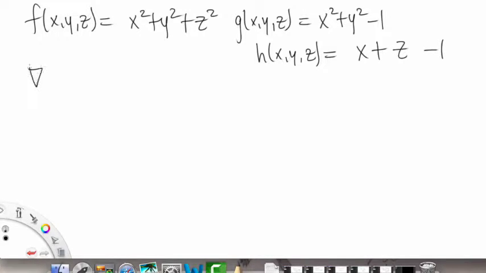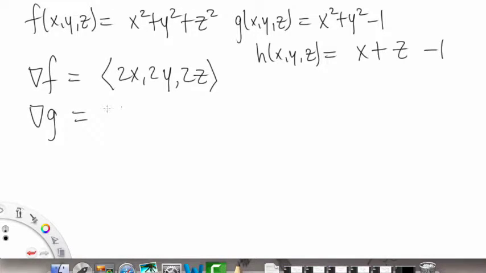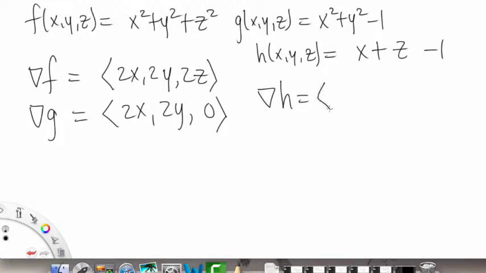Okay, so first of all, let's find the gradient of f. That's simply going to be 2x, 2y, and 2z. The gradient of g is 2x, 2y, and 0. And then the gradient of h is going to be 1, 0, and 1.